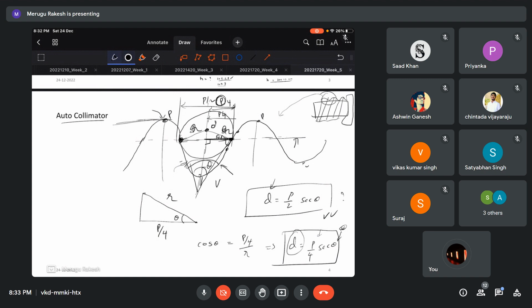Okay. So it's a micrometer, but it has a prefix. Flat-ended micrometer.